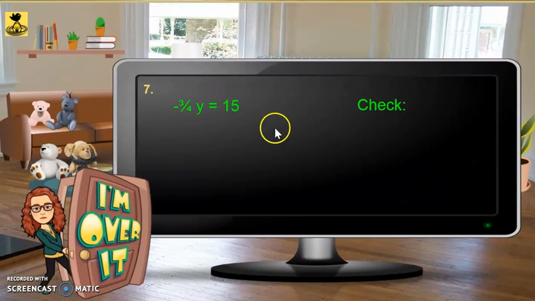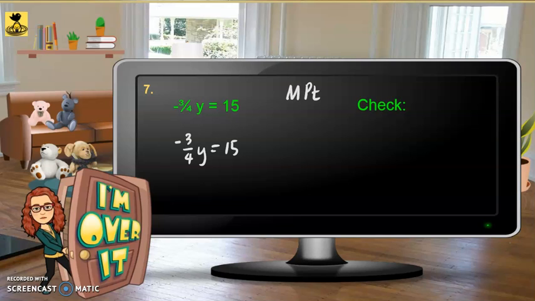Okay, let's proceed to the last example before we have our exercises for you to practice. So here, negative 3/4 y equals 15. In this case, negative 3/4 is a fraction. So we will apply the multiplication property of equality using the idea of reciprocal.